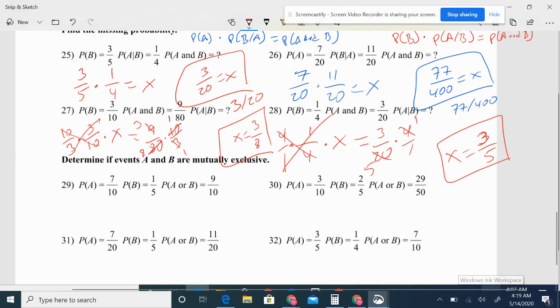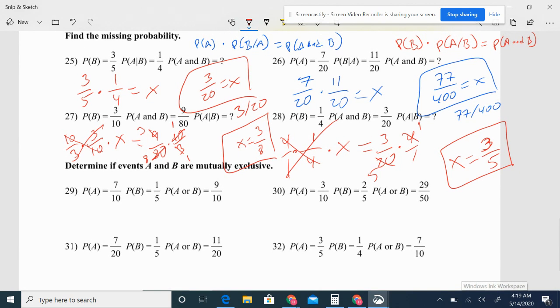Now for questions 29 through 32. Determine if events A and B are mutually exclusive. For me to know they are mutually exclusive, I'm going to have that probability of A plus probability of B is equal to probability of A or B. If that is true, I get mutually exclusive.